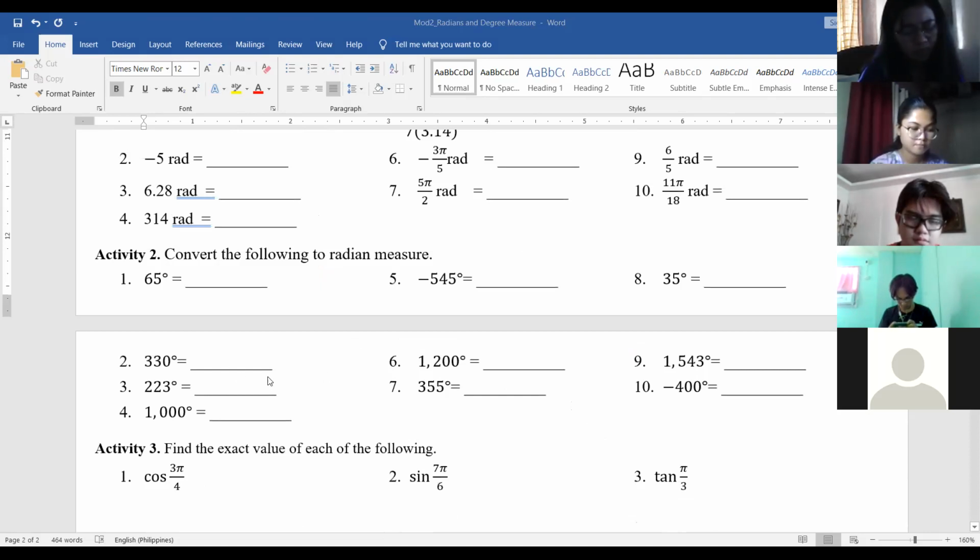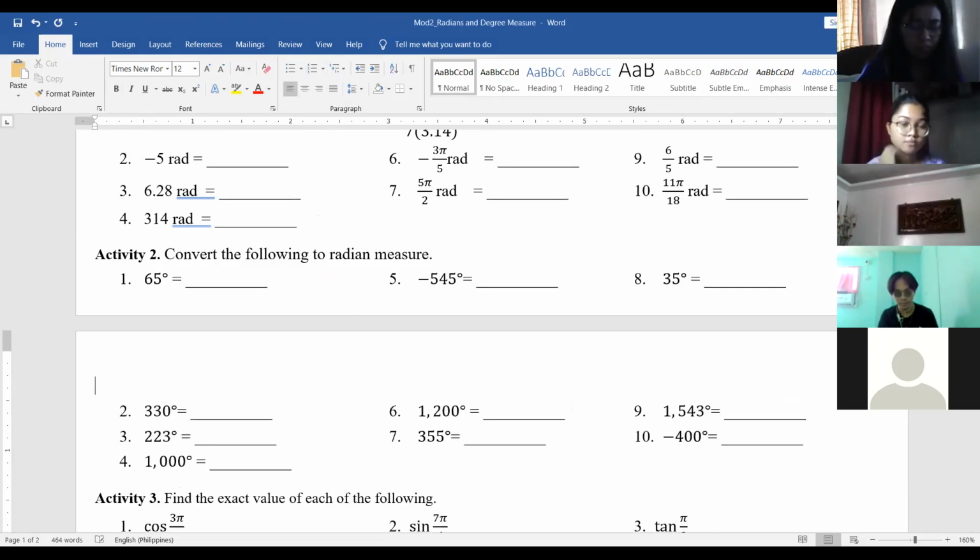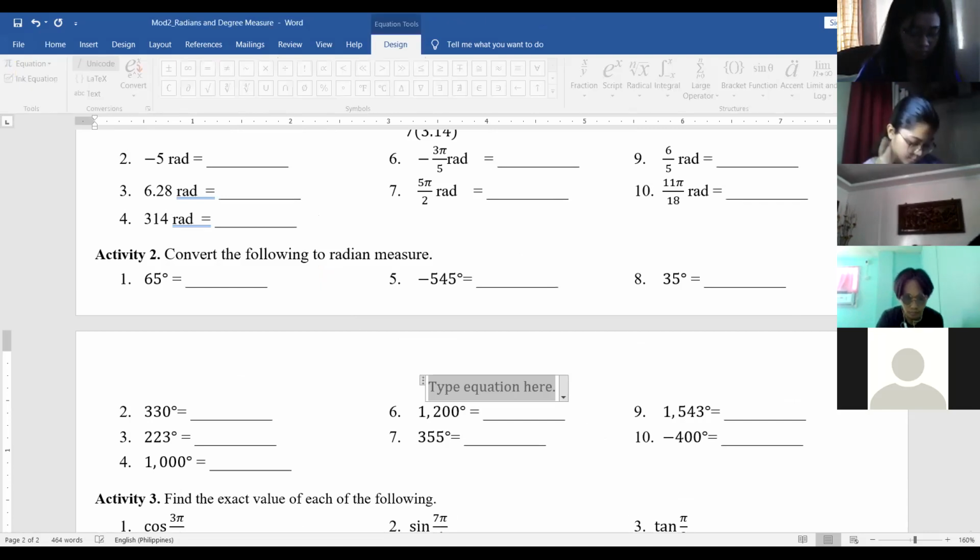So in activity 2, let's try number 1. For example, 65 degrees. You multiply that by the conversion of pi radian over 180 degrees.